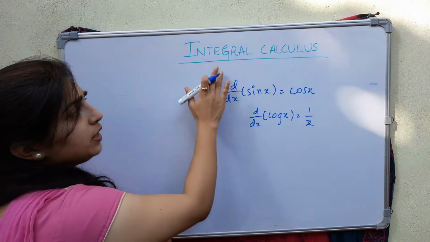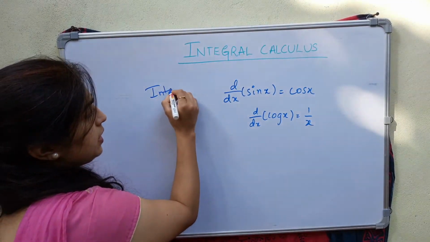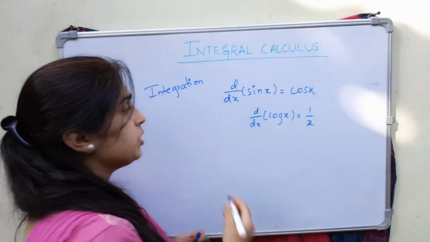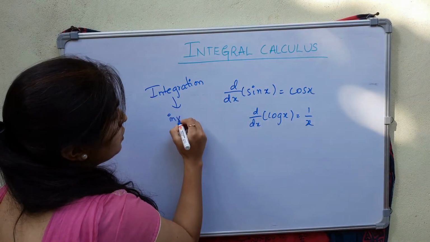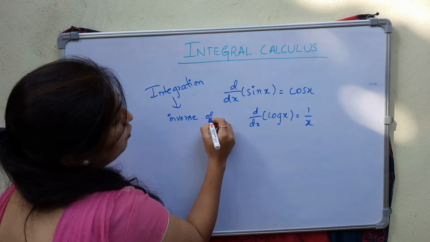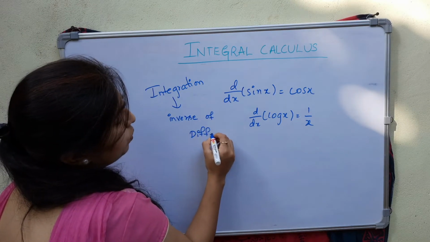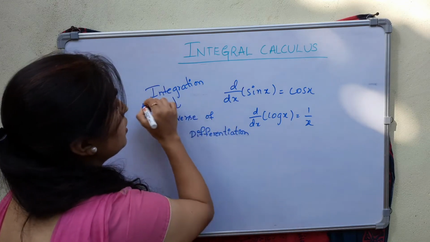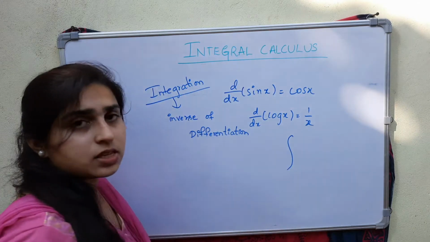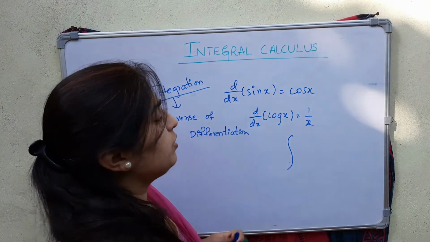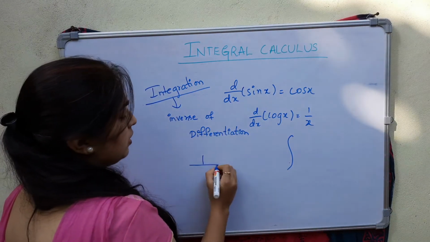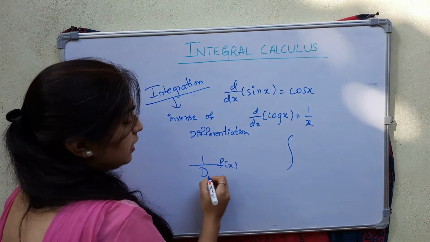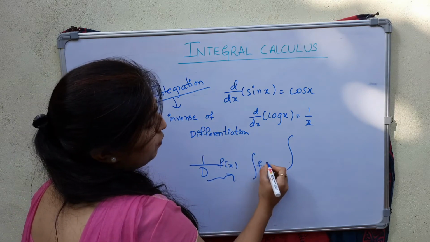Okay, so integration is nothing but the reverse or inverse of differentiation. The symbol which is used to represent integration is a stylish S. In some subjects you will also see 1 by d of f of x as integration of f of x.